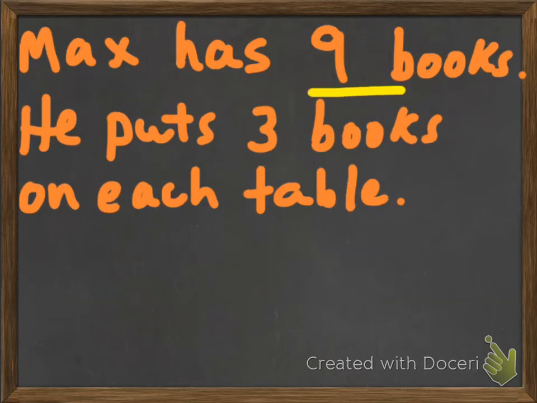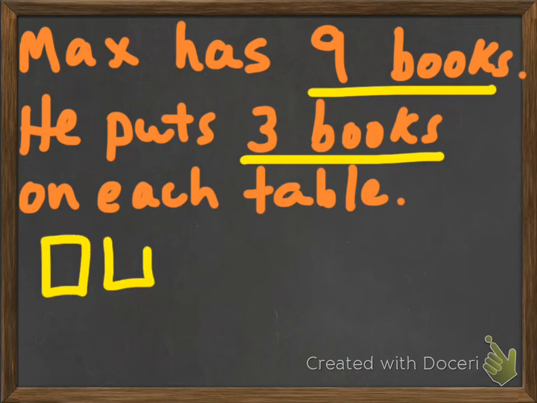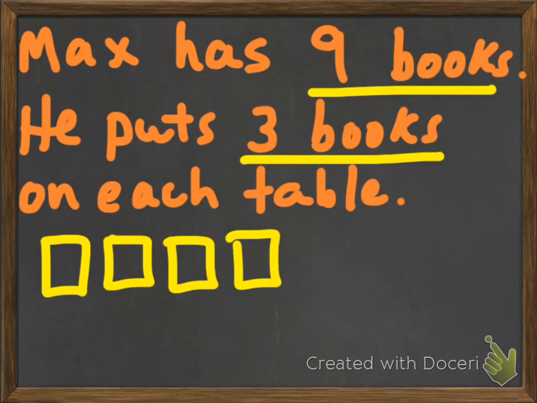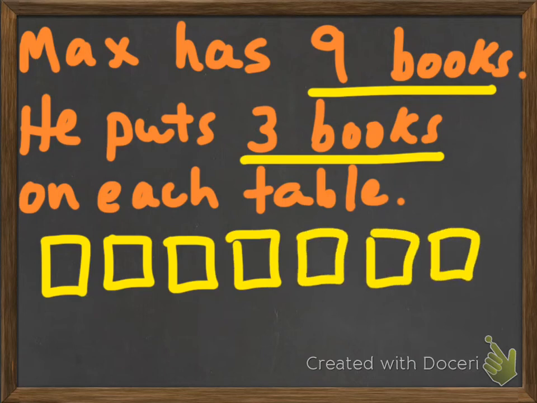We know that Max has 9 books, and he puts 3 books on each shelf. And we could actually represent that. We could have 9 books, and we can just draw it out very quickly. 1, 2, 3, 4, 5, 6, 7, 8, 9. And we need to put 3 books on each table, so we're going to have 3 groups.